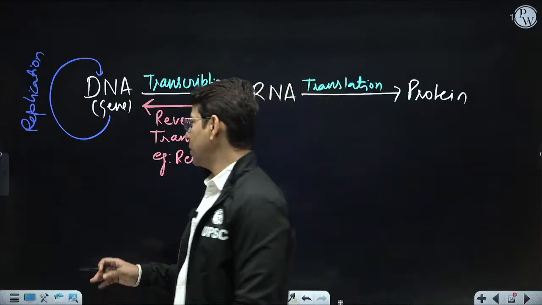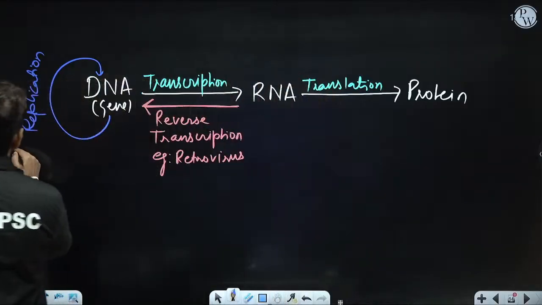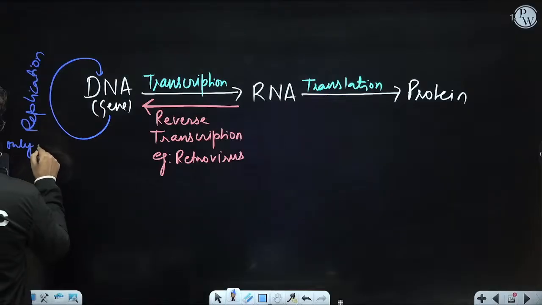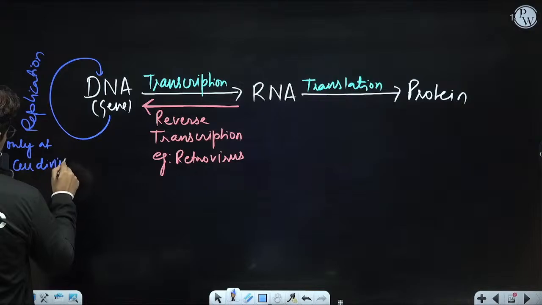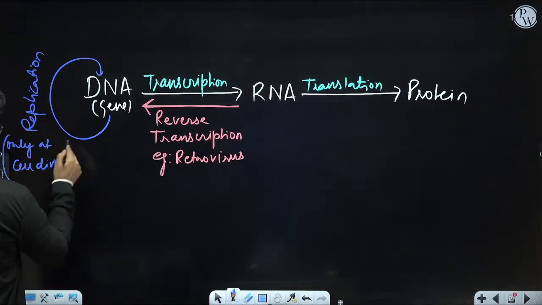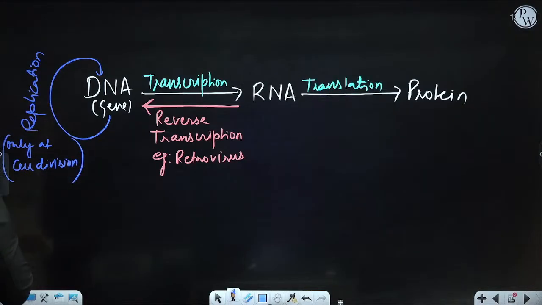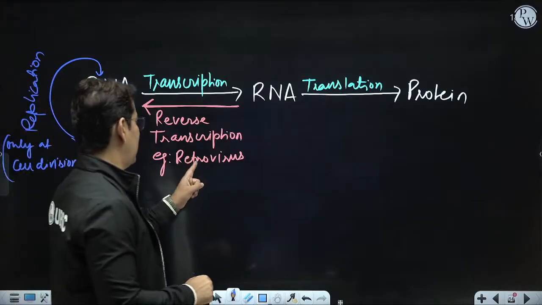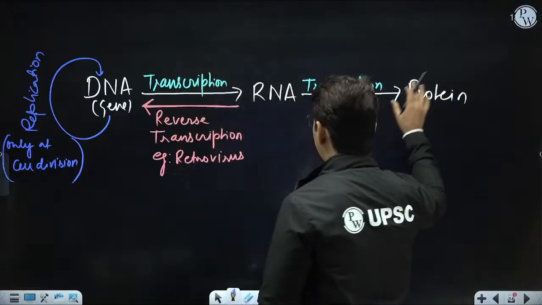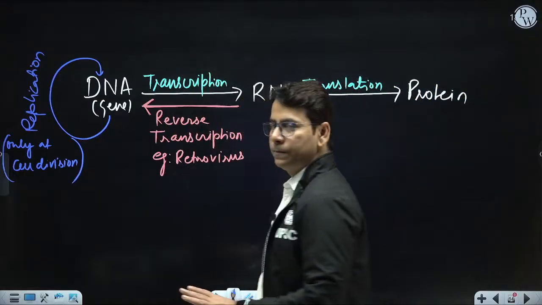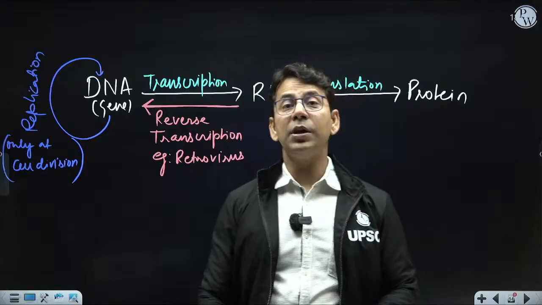One thing: replication can occur only at cell division. This replication will occur only during cell division, or in the case of a retrovirus. Otherwise, in our body, it is DNA to RNA, RNA to protein. Protein is our final product. Why is protein so important?